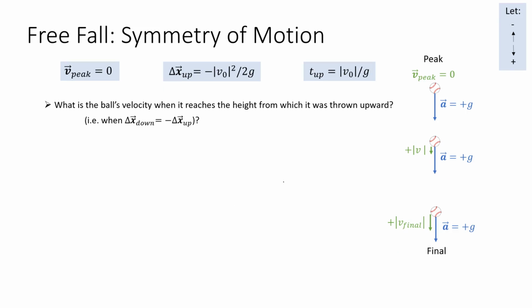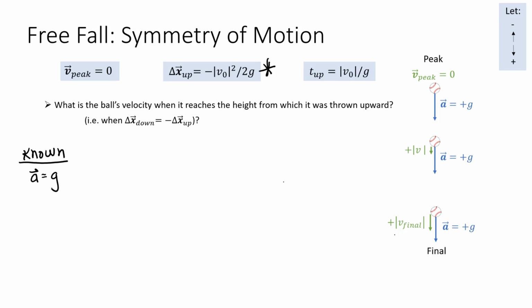So let's start with this first question then, which is what is the ball's velocity when it reaches the height from which it was thrown, or in other words, when it has traveled through a displacement that is the same in magnitude but in the opposite direction compared to the displacement in the upwards direction, which we have in this blue box up here. Okay, so first, of course, let's make our list of knowns. First thing, every free fall problem, I'm going to write down that the acceleration is equal to plus g, since I defined downwards to be the positive direction here.